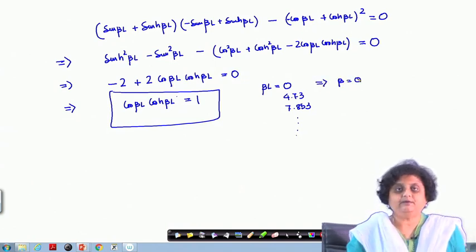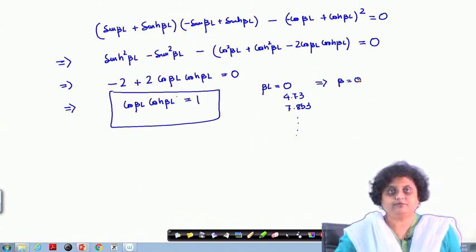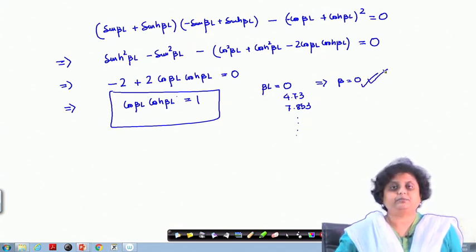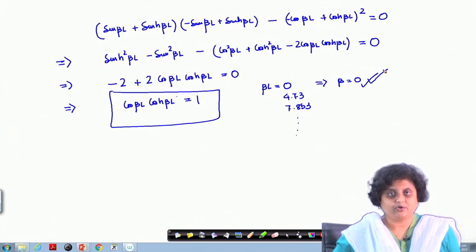We can see from the expression for phi x that even if beta is equal to 0 in the expression of phi x, the value of phi x does not become 0, it does not become trivial. So, therefore, beta equals 0 is an acceptable mathematical solution of the problem.